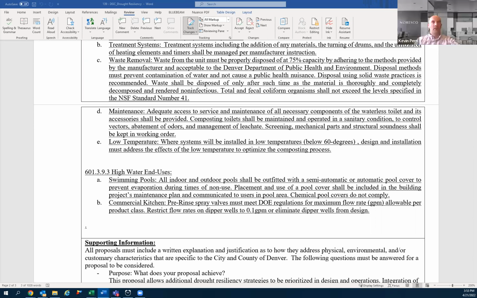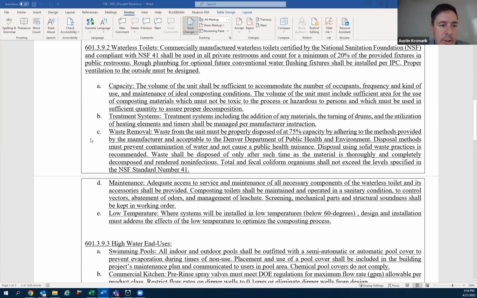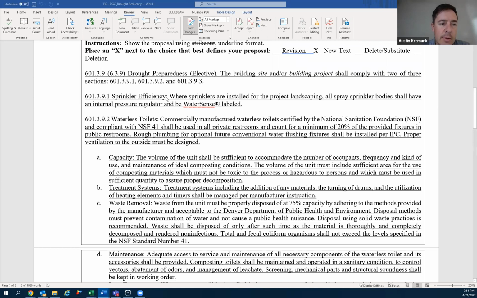All right, next question comes from Austin. I was curious if there's any willingness to, on the sprinkler side, go even a step further to the high efficiency nozzles that sit on the sprinkler bodies themselves. The sprinkler bodies are a great starting point that saves some of that water once an irrigation cycle is done, and it makes it so water doesn't drain out of the lowest point just by gravity. But the other side of it is the spray coming out of the head of the nozzle also needs to be efficient.